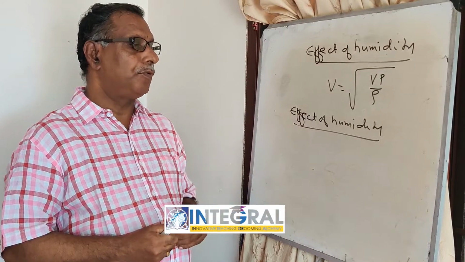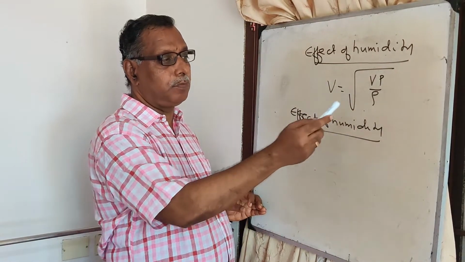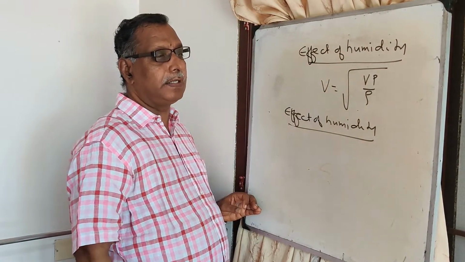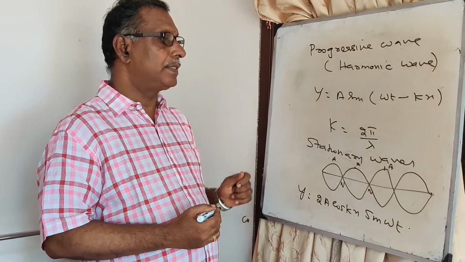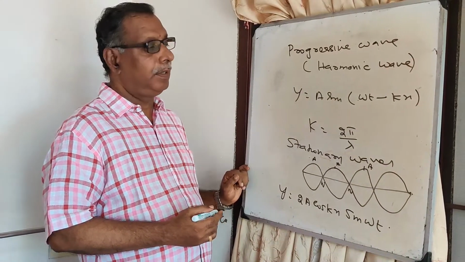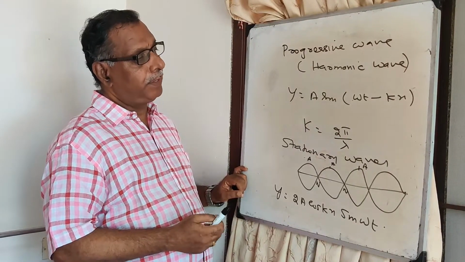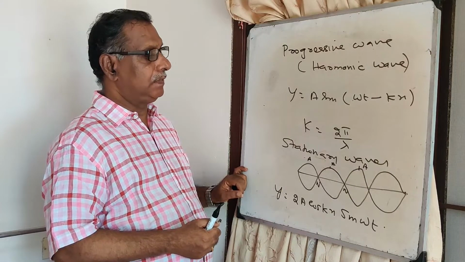The presence of moisture reduces the density of air. Therefore, velocity increases. Now we have to study the concept of progressive wave or harmonic wave. A progressive wave means a wave that travels outwards and which cannot return to the source of disturbance.